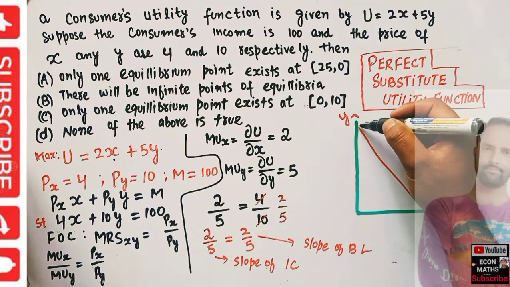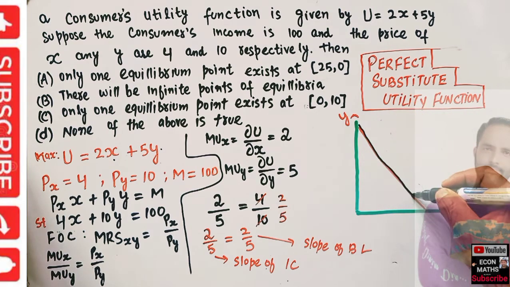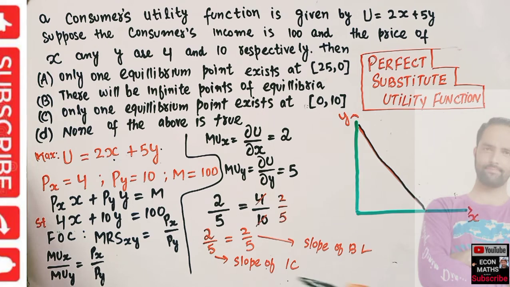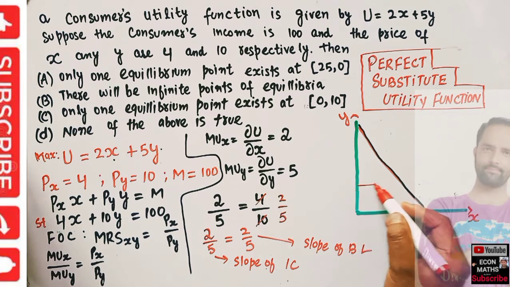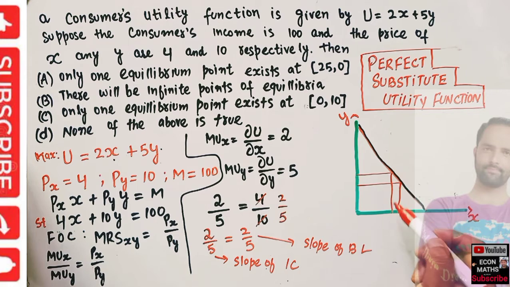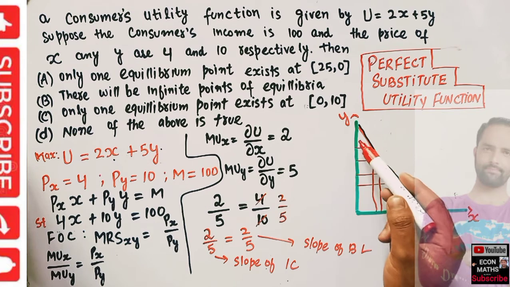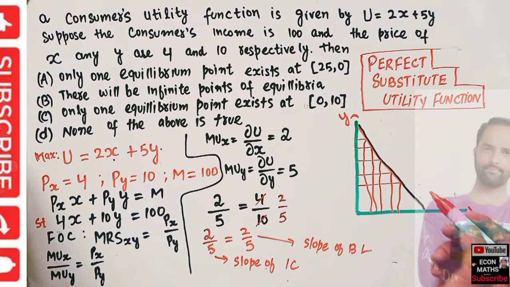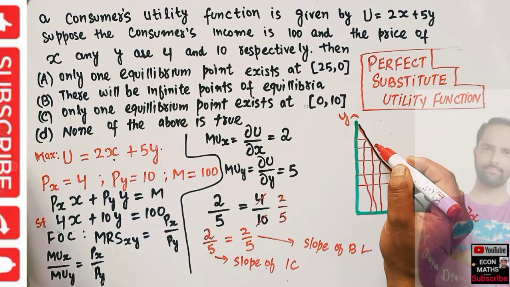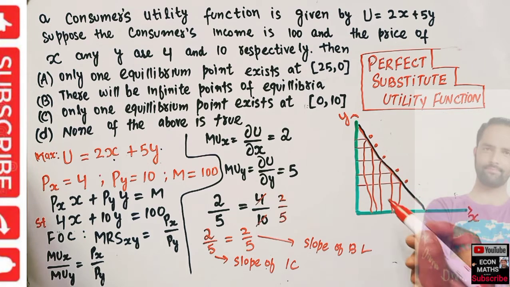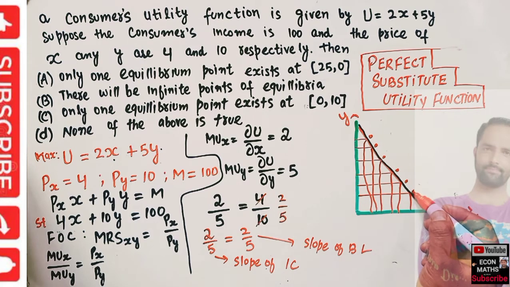So in this case, the indifference curve and the budget line will coincide, and we will get an infinite number of equilibrium points. We don't get any unique equilibrium point. So equilibrium will be here or here or here, so there will be infinite combinations of good x and good y where our consumer will be at equilibrium.